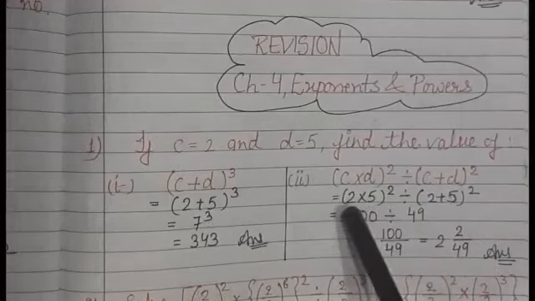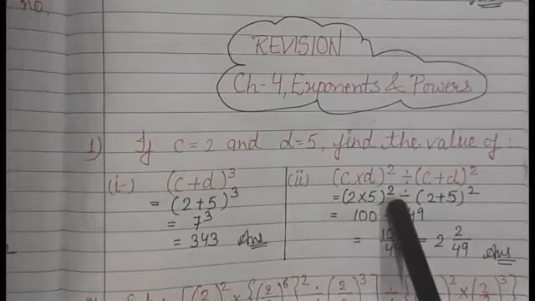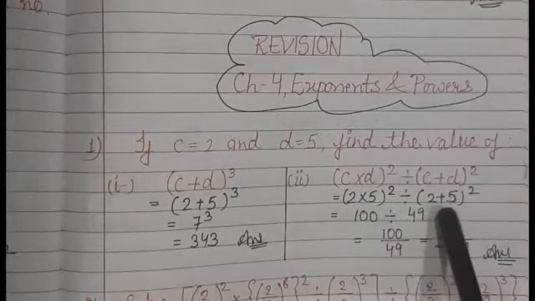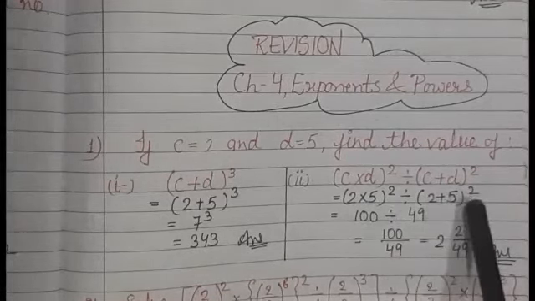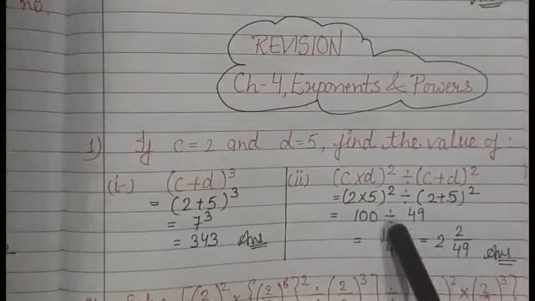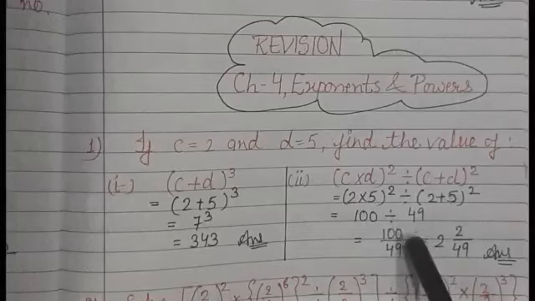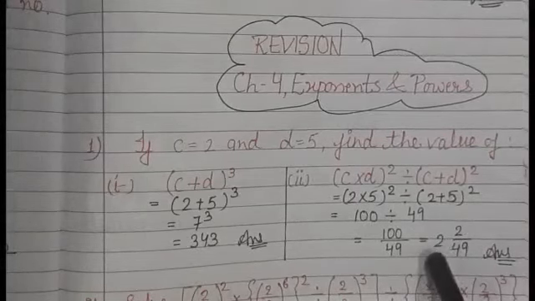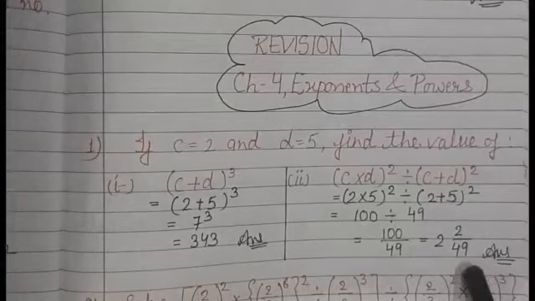Now solve. 2 5s are 10. 10 square means 10 into 10 is 100, divided by 2 plus 5 is 7. 7 square means 7 into 7, 49. So 100 divided by 49 will be 100 upon 49. We can write it in fraction form, and now convert into mixed fraction. So it will come 2 whole 2 by 49.